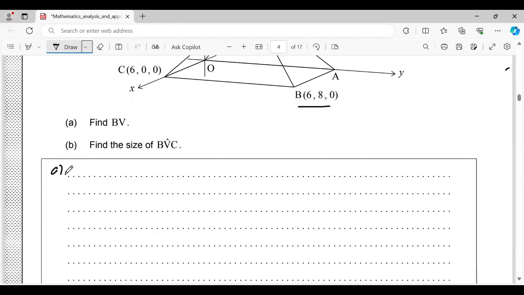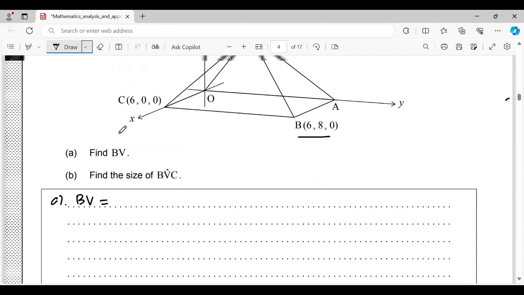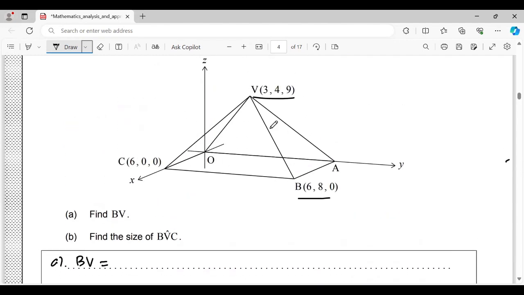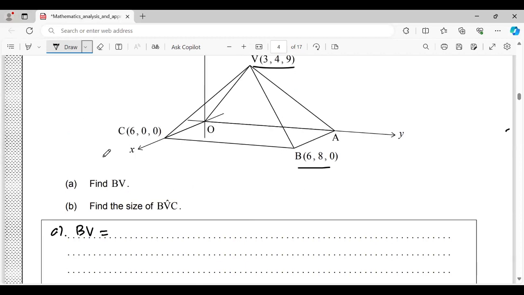To find BV, recall that the formula to find the length is like this: square root of (6 minus 3) squared plus (8 minus 4) squared plus (0 minus 9) squared.